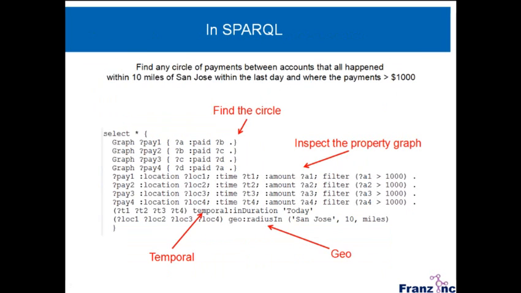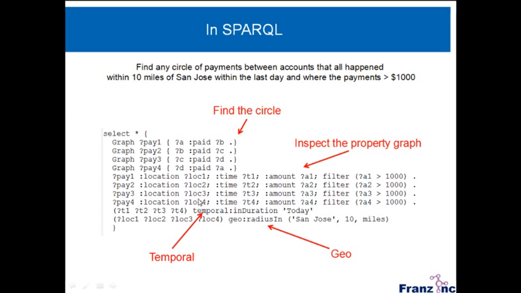And then we can use that in SPARQL. So I can say, well, there was a payment from A to B, and as the 4th element we used pay 1, and then from B to C, C to D, and D to A. And so now we have a circle, but we also have the 4th element of each of these triples, and then we can do filters on this.